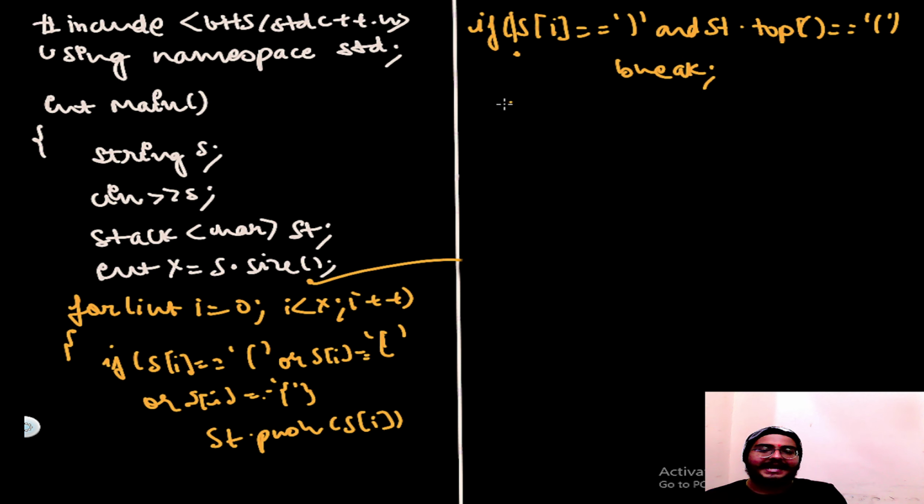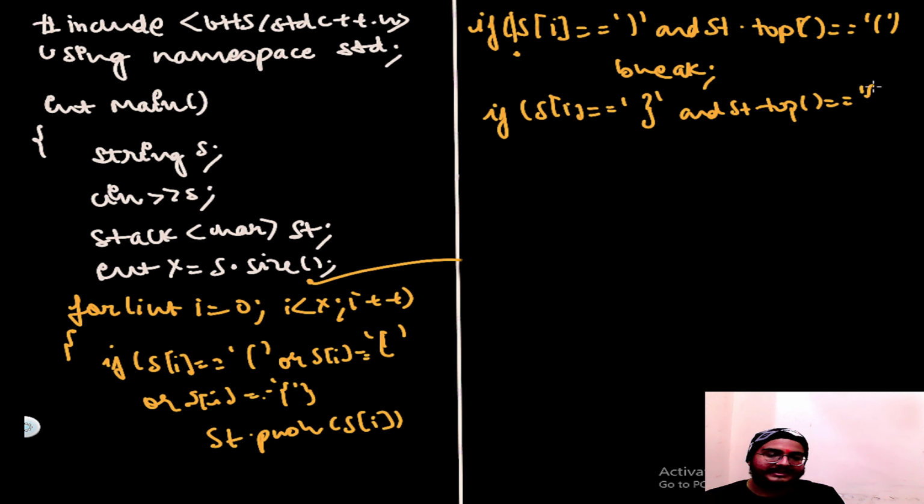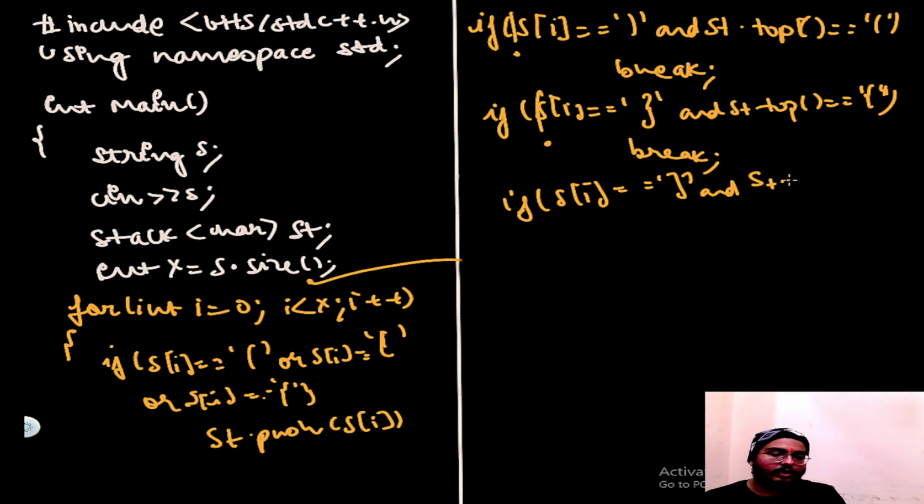The same for the other closing brackets, and if the condition is not met, break the loop. And last, if s of i is equal to this and st.top is not equal to the matching one, I will just break.